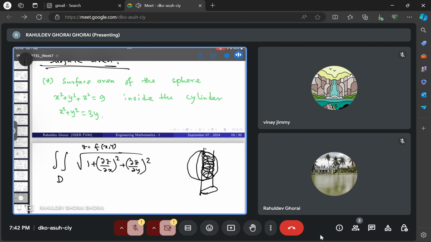We know how to evaluate a double integral. Now you find del z del x and del z del y, where z square will be 9 minus x square minus y square. You can find del z del x and del z del y, then just put them in the formula, right?